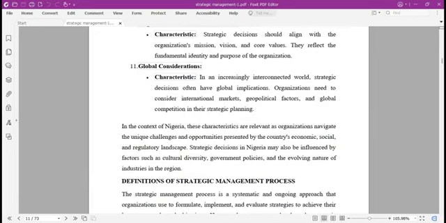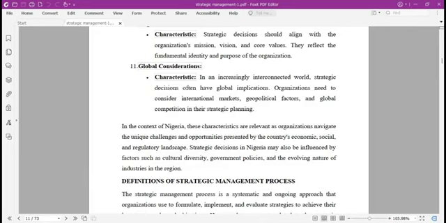What does this mean? An organization needs to consider so many factors. Here is the global considerations, the international considerations. And here it says strategic decisions often have global implications.